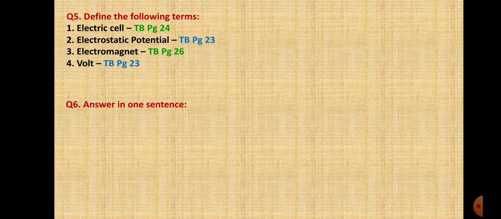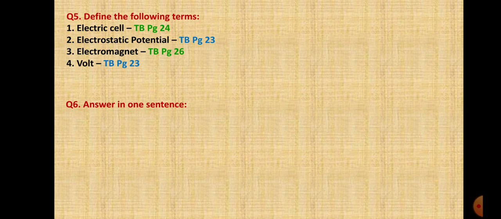For this, you have to come to page number 23, which is the first page of the lesson. And the answer is on page number 23, the last paragraph, which starts with in figure 4.1a.